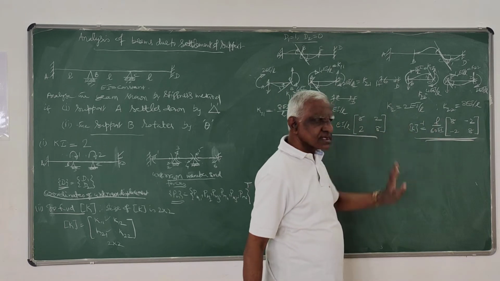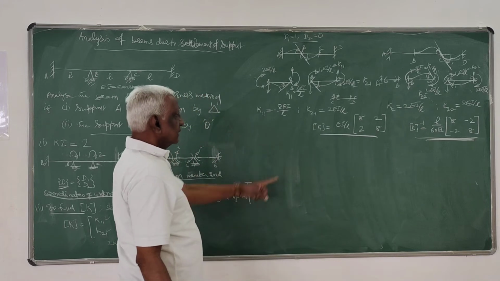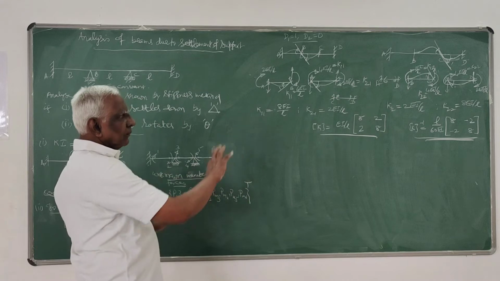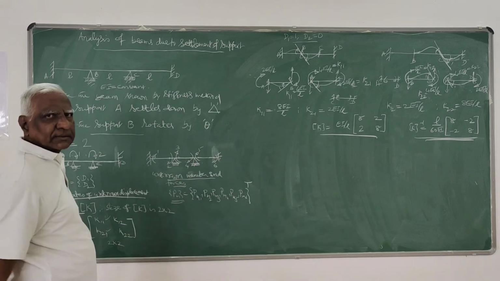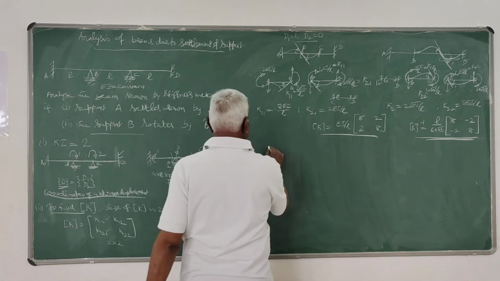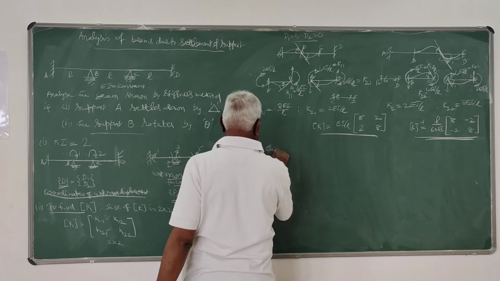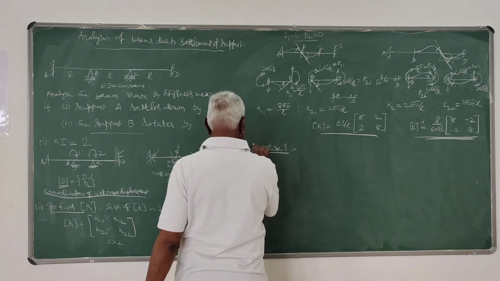The adjoint of this matrix is the cofactors. It is a 2 by 2 matrix, so inversion is easy, whereas in the earlier problem it was 3 by 3, which is the maximum, so inversion is next. The third step is case 1. I will take case 1 and the third step.